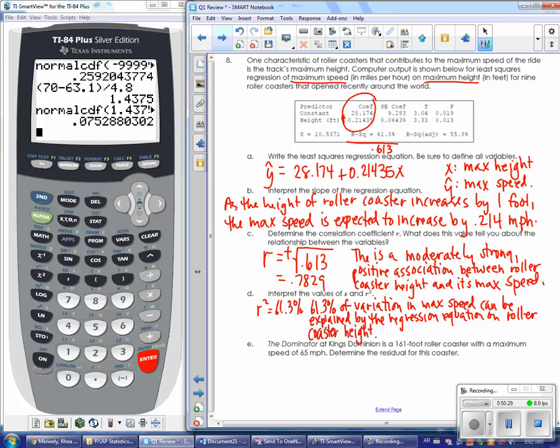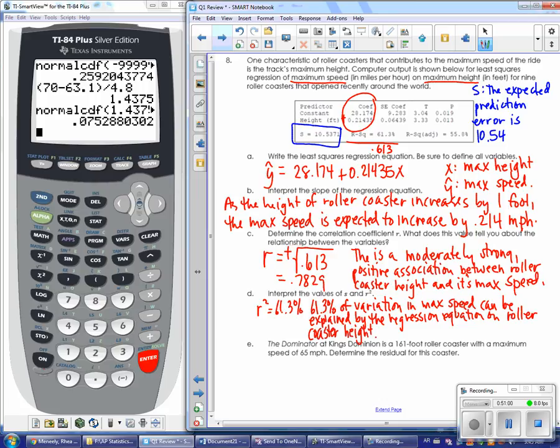Okay. S, this number right here, corresponds to my average prediction error. So S is our standard deviation of the residuals. And I'm going to actually just do this up here. So the expected prediction error is 10.5, let's just say 5.4.